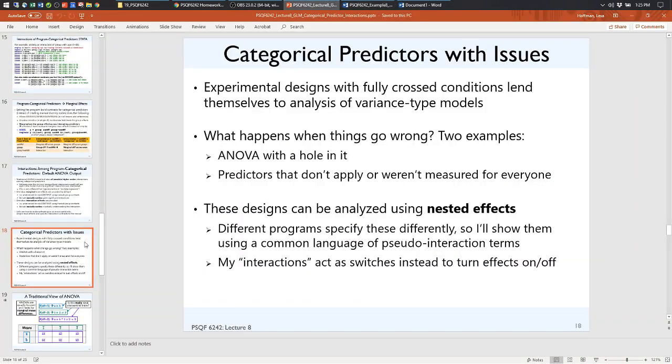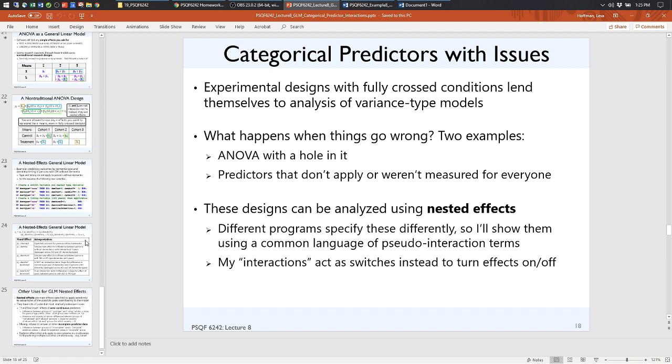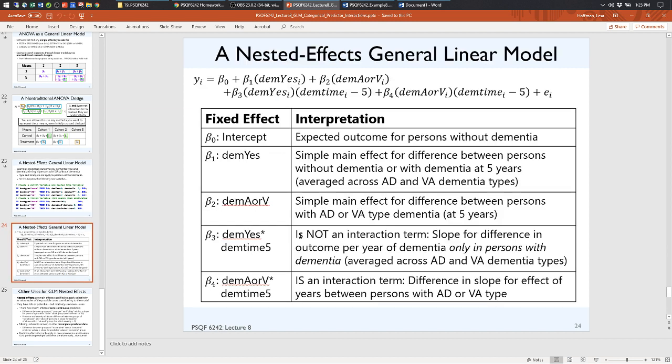I'm bummed that we didn't get to the rest of the nested effects, but if you're ever in a situation where a predictor is only relevant for a part of your sample, that's what this is about. So I had a little bit of stuff about that. Those are called nested effects. They show up in multivariate models, and they show up in the presence of missing data, things like that.